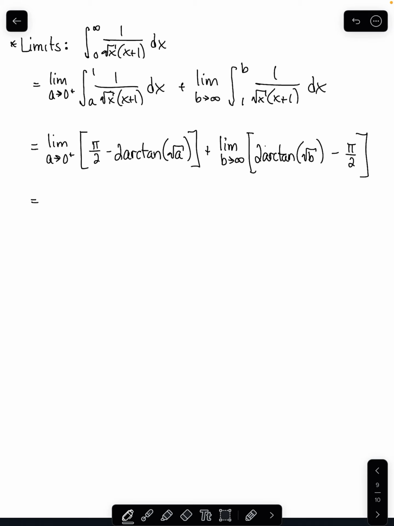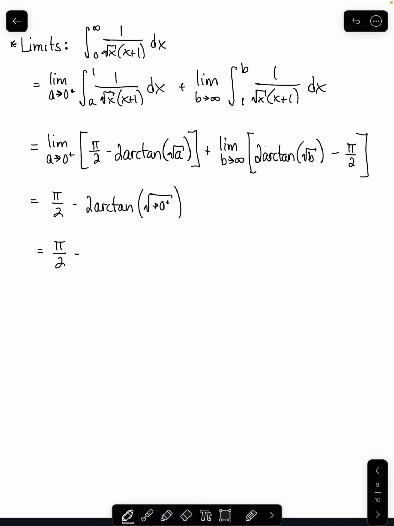As far as the limit is concerned, since the pi over 2 is a constant, it remains pi over 2. So then we have minus 2 times the arctangent of the square root of something that is approaching 0 from the right. Again, approaching from the right is relevant because if we were approaching from the left, then this would be completely undefined. But as long as we are approaching from the right, then the square root of something that is getting smaller and smaller also gets smaller and smaller.